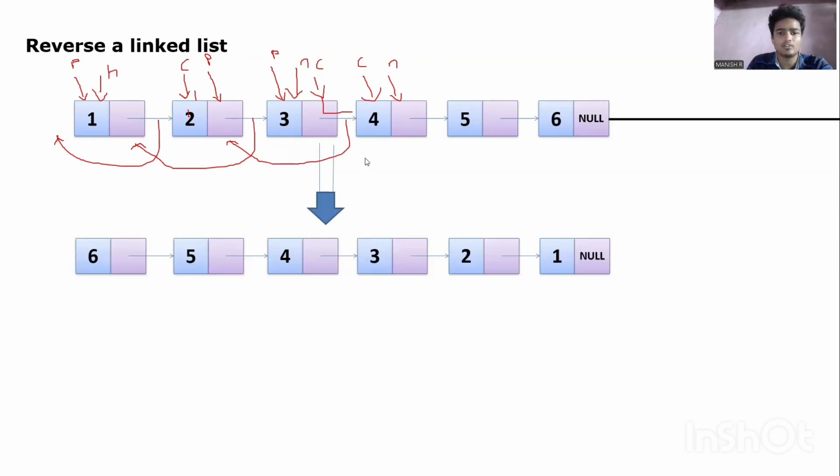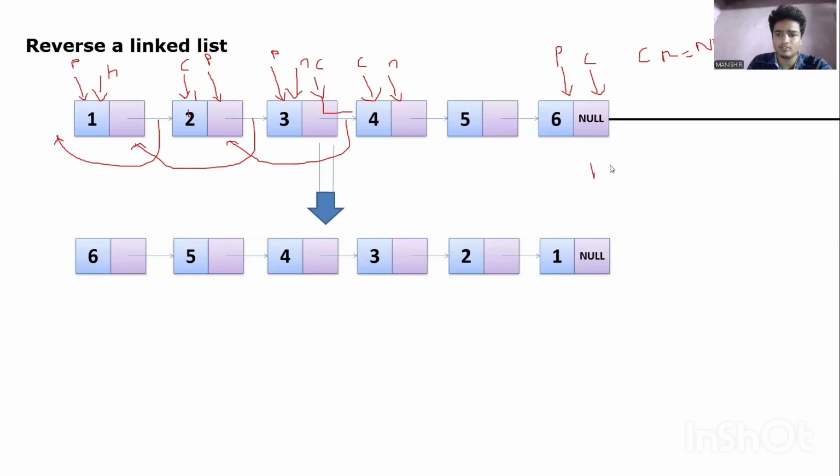So after doing all these iterations, previous will point here, and the current is also pointing here. The next pointer will be equal to null, and we have to make the header node as here previous.